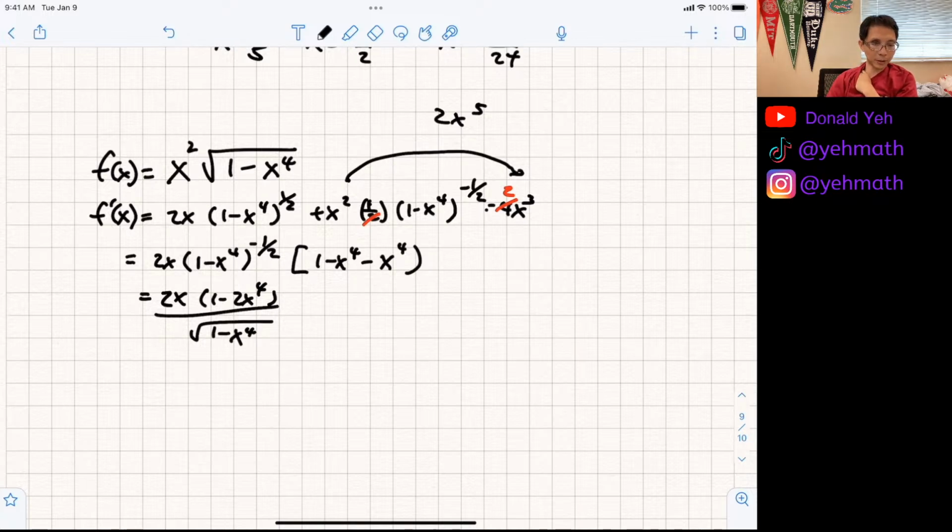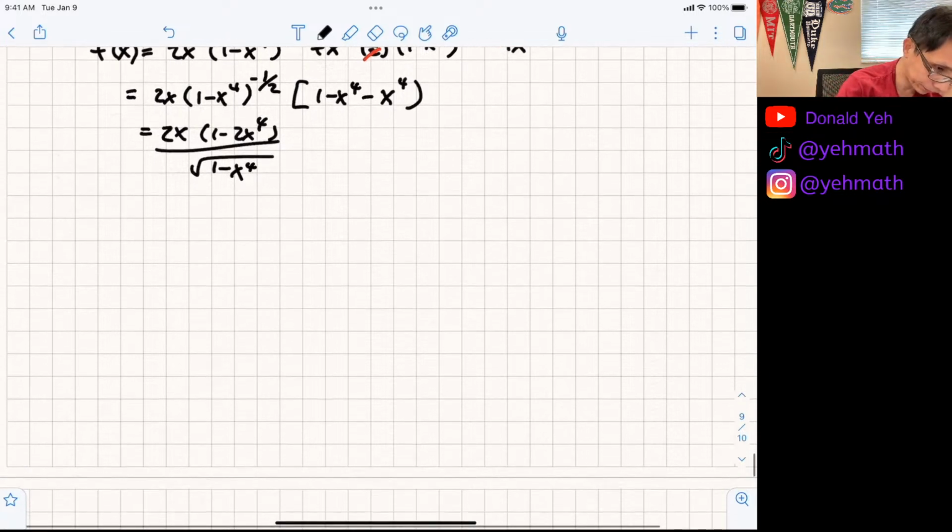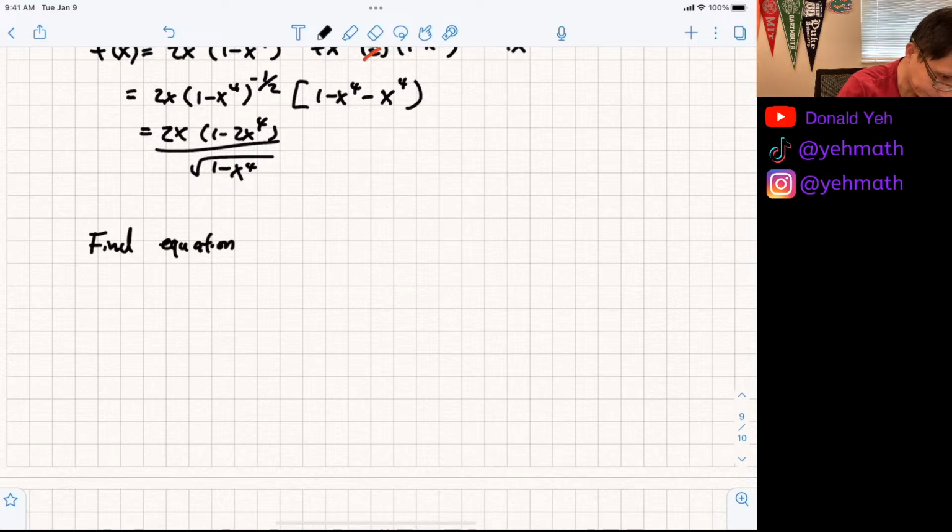Okay, so the next question is to find the equation of the tangent line. And remember last time we talked about the layers of the trig chain rule?